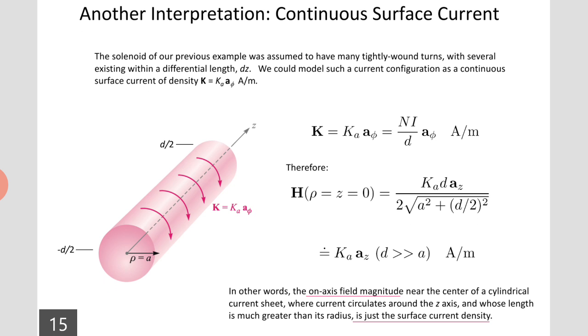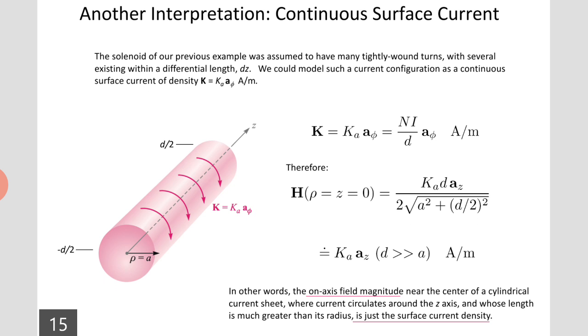In other words, the on-axis field magnitude near the center of a cylindrical current sheet, where current circulates around the z-axis and whose length is much greater than its radius, is just the surface current density.